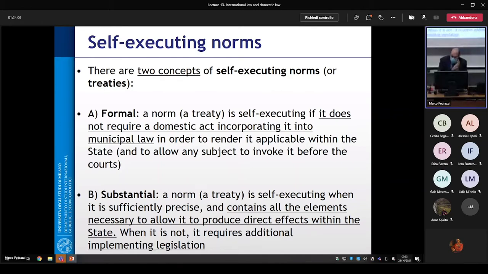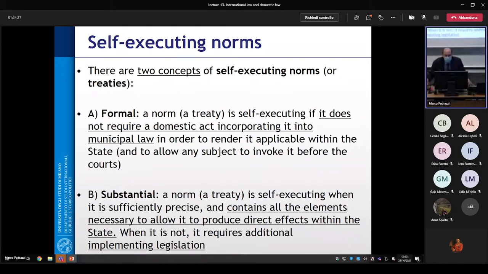In a first version, you can intend self-executing norms or even self-executing treaties in a formal sense, in a purely formal sense.